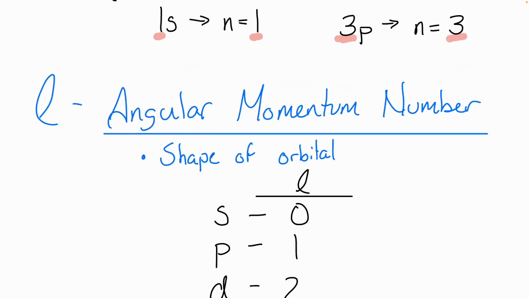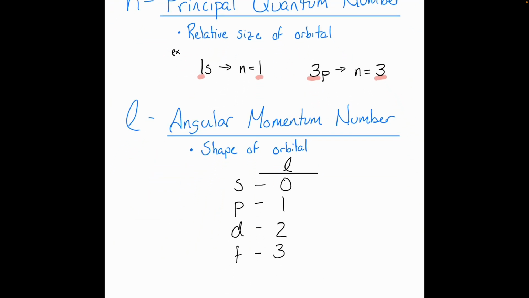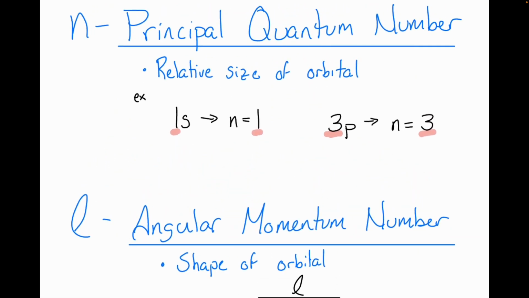For our principal quantum number, let's think about what values are allowed. Is there such a thing as a 0s orbital? No, but we do have a 1, a 2, a 3, a 4.